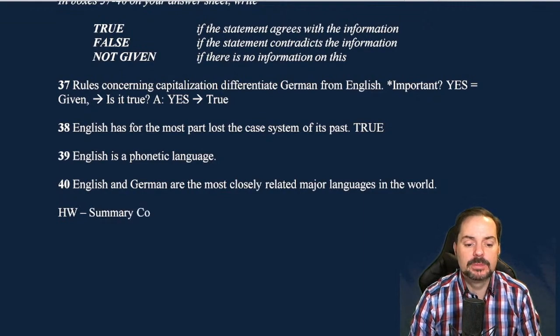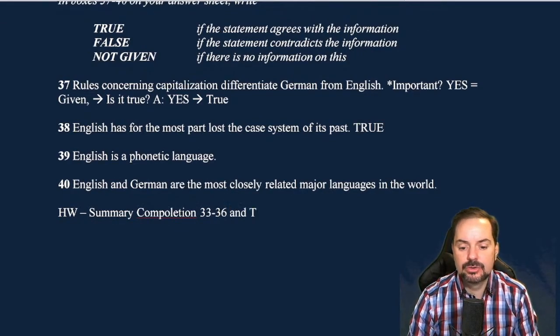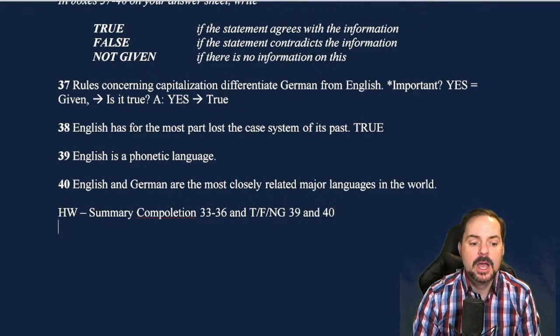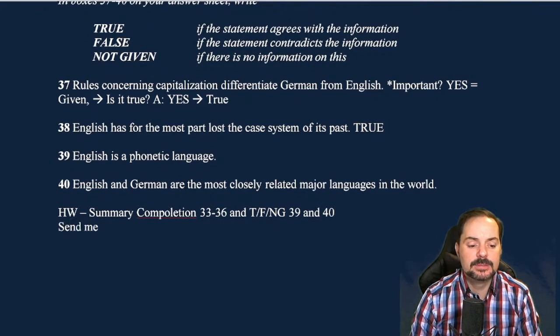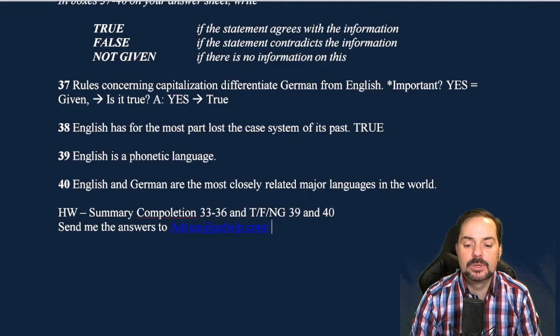So summary completion, 33 to 36. And true, false, not given, 39 and 40. Okay. Send me the answers to Adrian at aehelp.com and I will send you back the answer key.